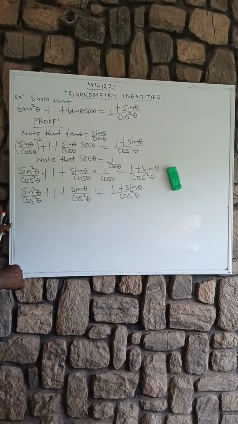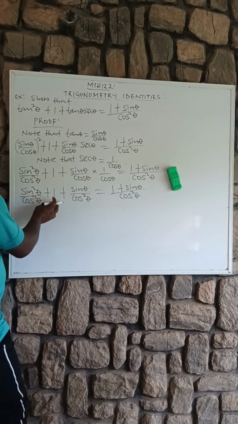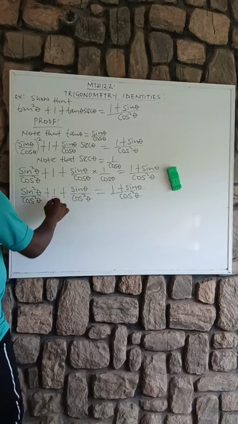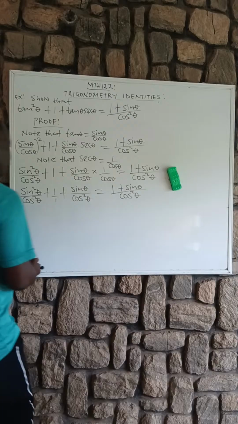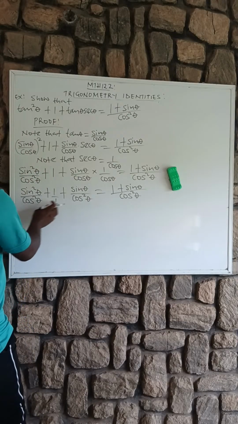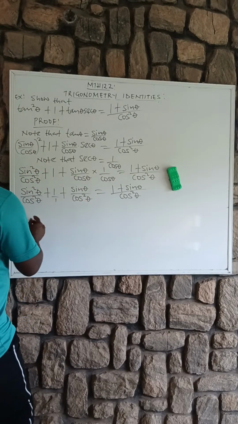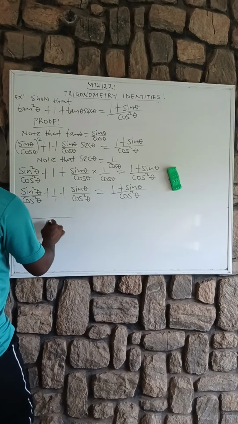At this point, what we need to do is take the LCM, true or false? Note that there is an invisible 1 here. So the LCM is cos square theta.